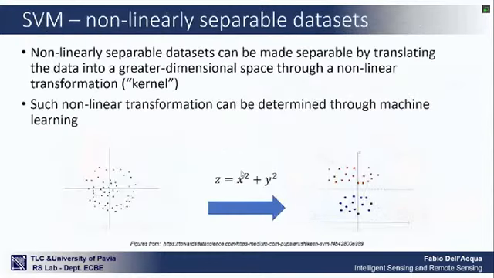So when you have a situation where a line cannot separate the samples of one class from the samples of the other class, what you can do is reproject the data into a different space where the two data sets become separable.